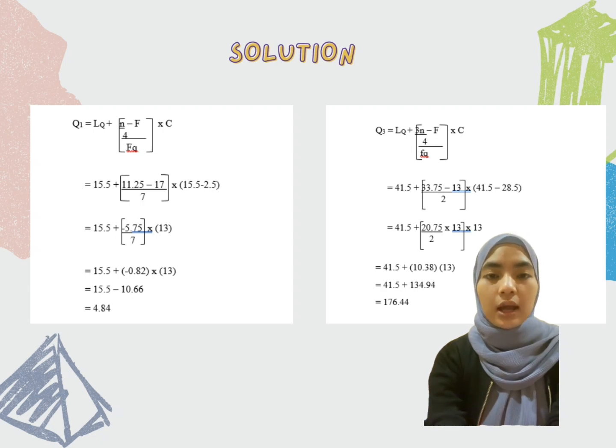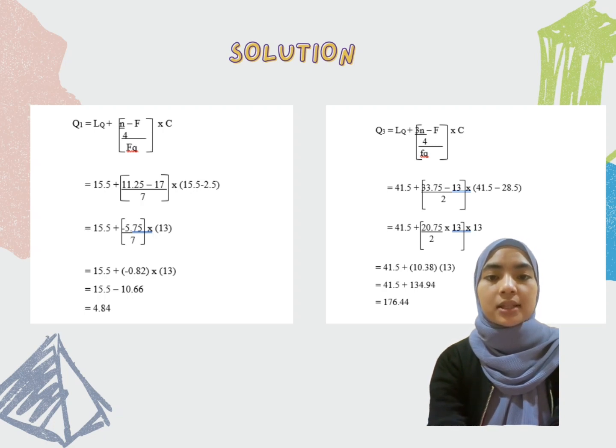Q1 equals LQ, the lower boundary, plus n per 4 minus F, the frequency before, divide by FQ, multiply by C, the class width, equals 15.5 plus 11.25 minus 17 divide 7 multiply 13, equals 15.5 plus negative 5.75 divide 7 multiply 13, equals 15.5 plus negative 0.82 multiply 13 equals 15.5 minus 10.66 equals 4.84.